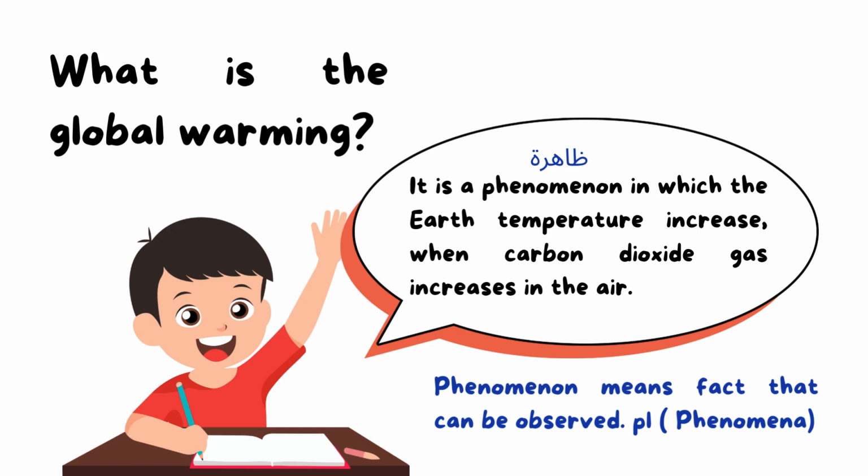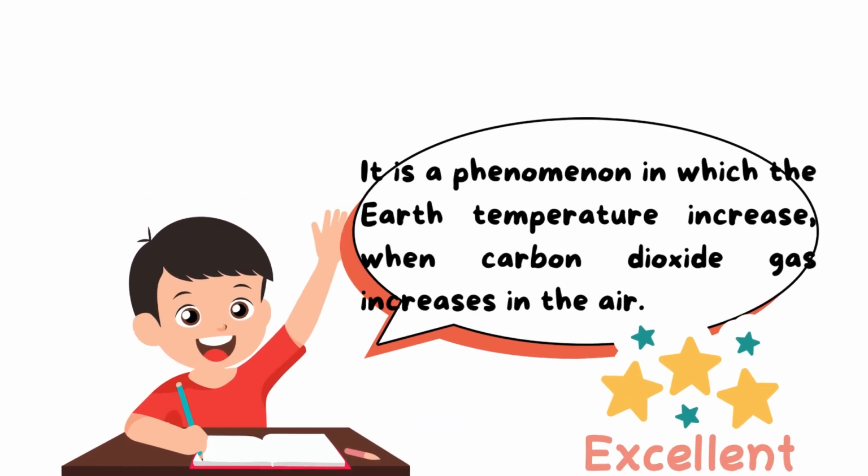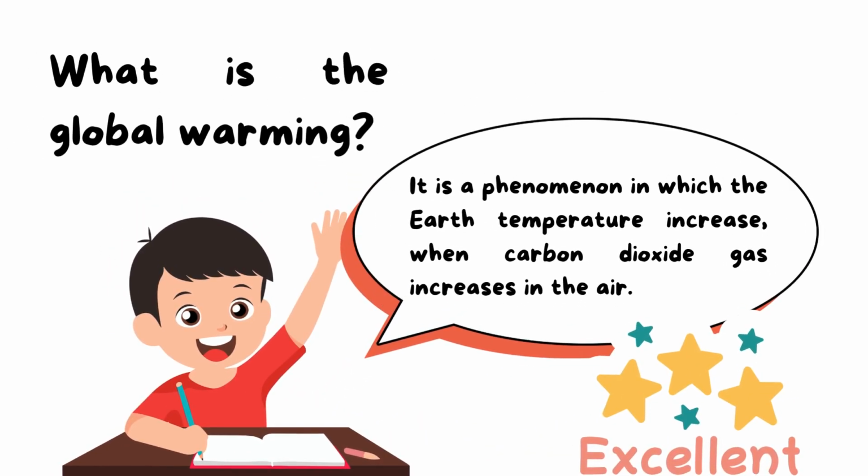Global warming is a phenomenon in which the earth's temperature increases when carbon dioxide gas increases in the air. So it's a phenomenon in which the earth's temperature rises or increases when carbon dioxide gas increases in the air.